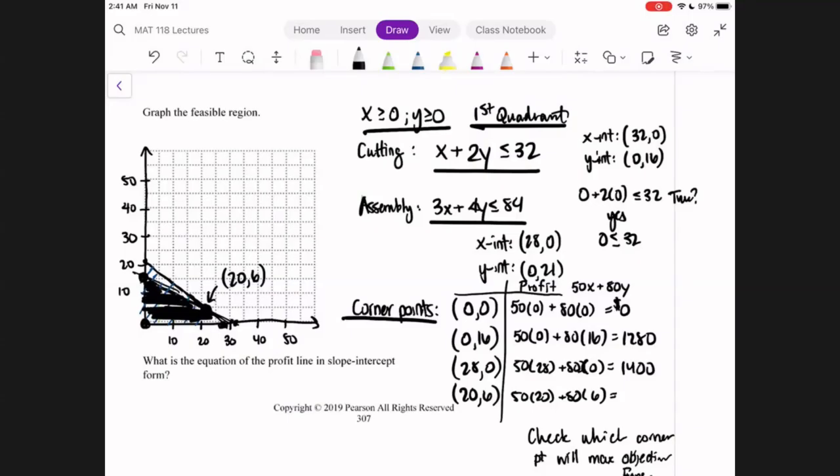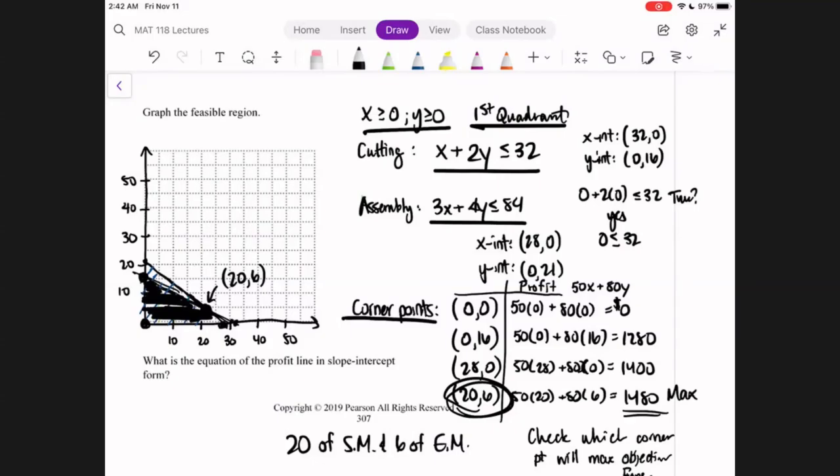And then the last one, you get 1480. It looks like this is the max here. So I would make 20 of the standard model and 6 of the expedition model. Okay, that would be the optimal solution.